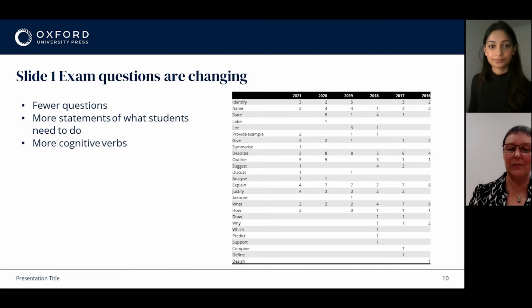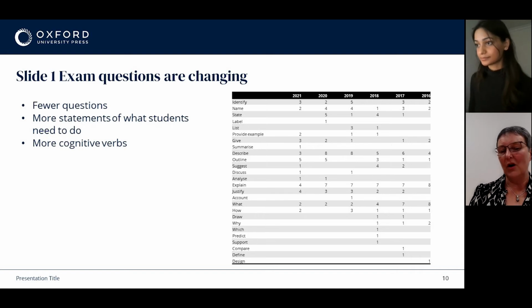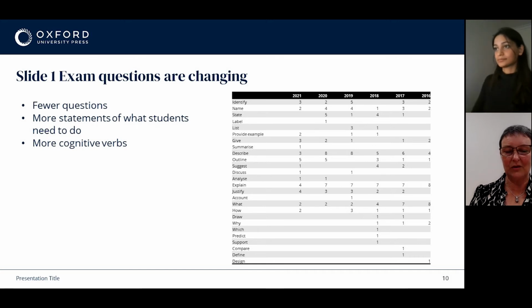But I thought I'd do a breakdown across how exam questions have changed over time. And the big ones you really notice is the early questions from previous study designs had a lot of whats and whys and whiches, predicts, all of those sorts of terms. And you can see from 2016, 2017, 2018, that's when you saw a lot of those terms.